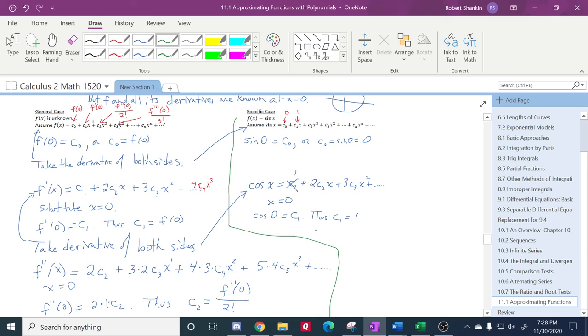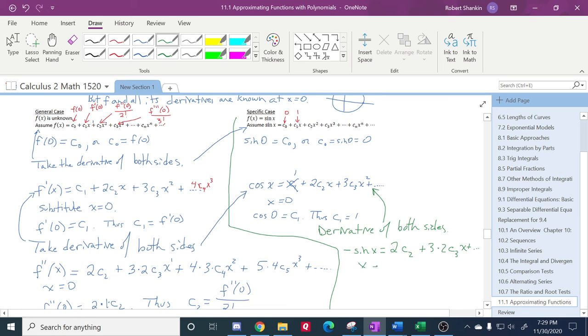Now we're going to take the derivative of both sides. The derivative of sine is cosine, and the derivative of cosine is negative sine x, and the derivative of 1 is 0. You get 2c2 plus 3 times 2 c3 x plus dot dot dot.